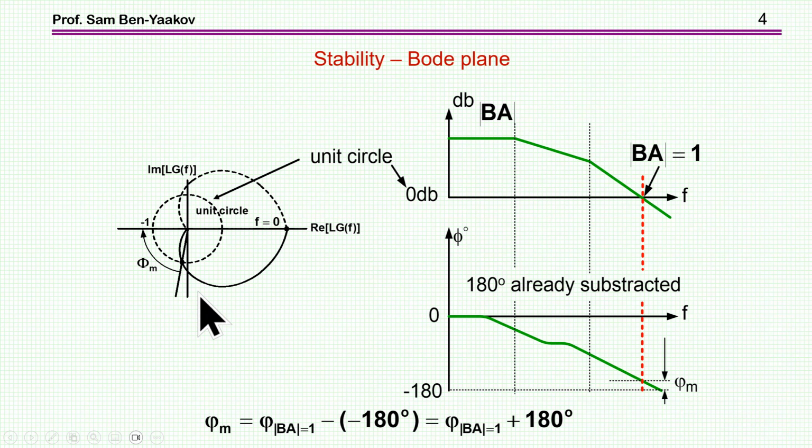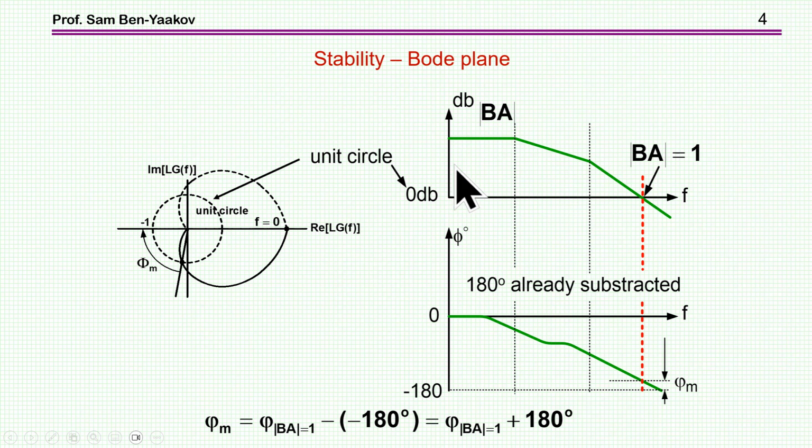And we know that if the loop gain is penetrating the unit circle below this 180-degree line, then the system will be stable because it's not encircling the -1 point, and the distance between this penetration and this 180-degree line is the phase margin. And the phase margin can be seen in the Bode domain.